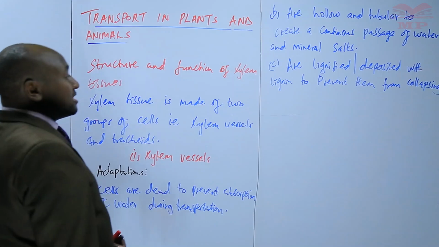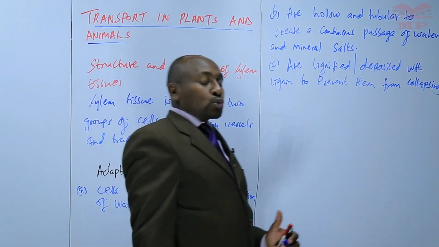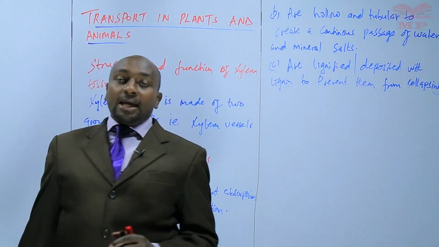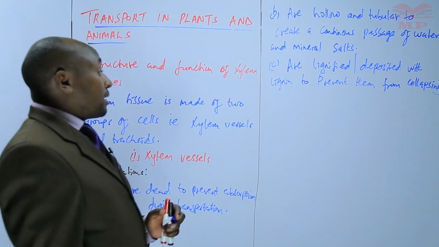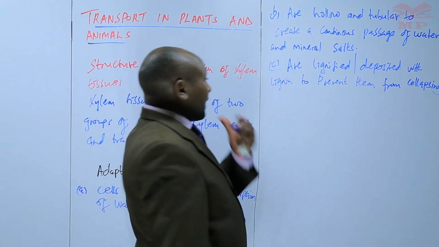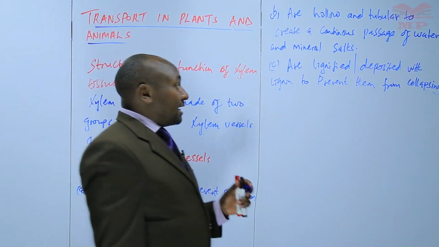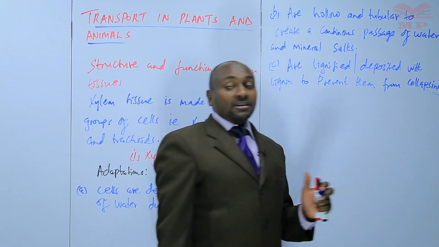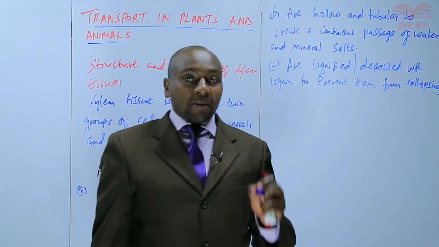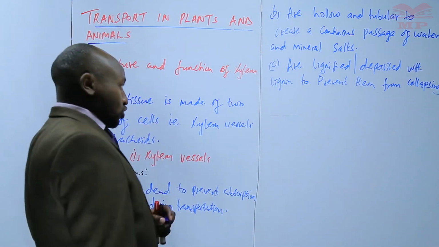And this deposition of lignin to strengthen the walls and hence prevent them from collapsing is done in different patterns. The lignin is deposited in different patterns, what we call the patterns of lignification.